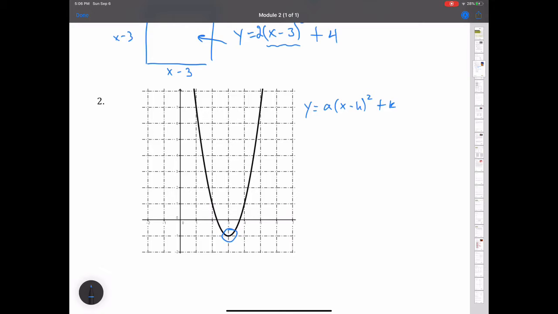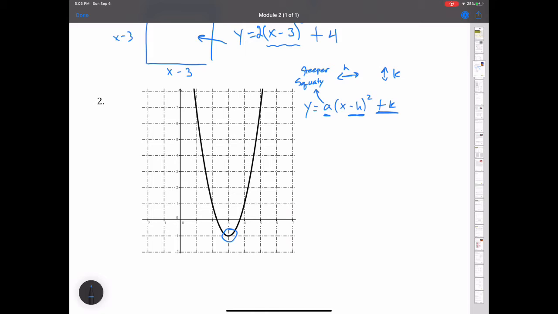We had this minus h, and what does the minus h do? Well, it moves it left or right, h, right? We have this plus k. Well, what does plus k do? Well, it moves it up or down by a factor of k. And then we had a, and what does a do? Well, it makes it either get steeper or squattier, right? Let's just say squatty.